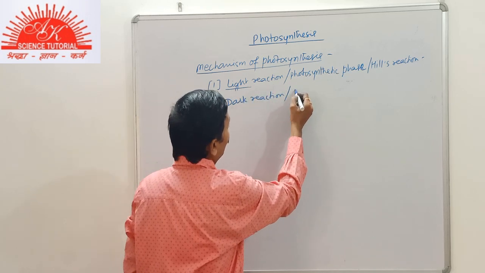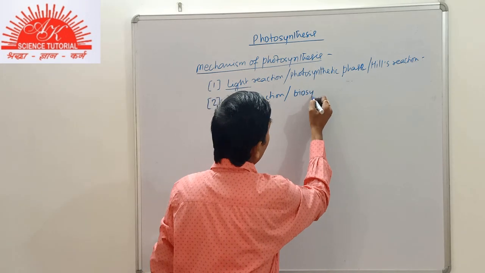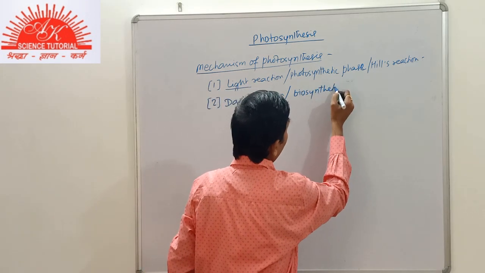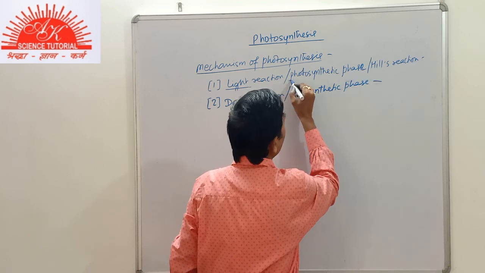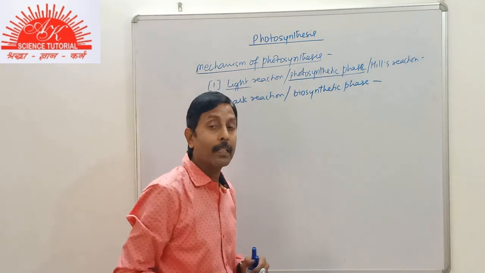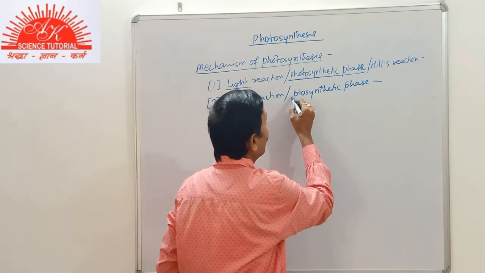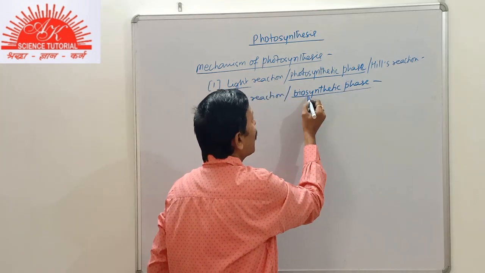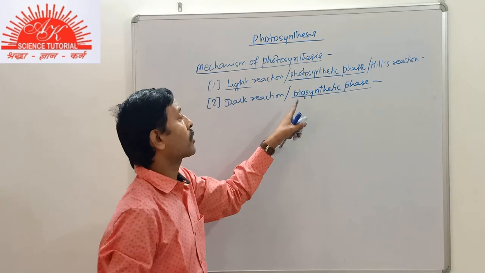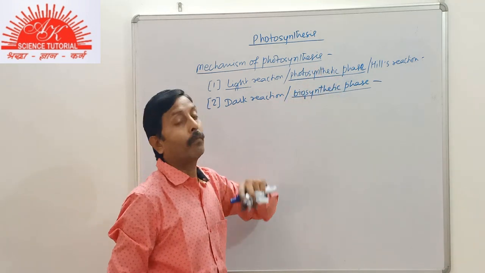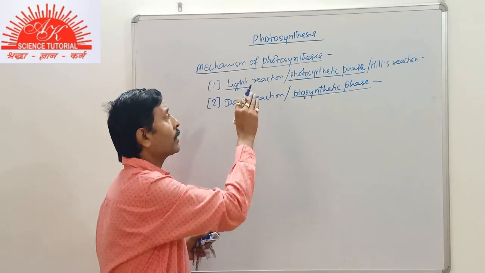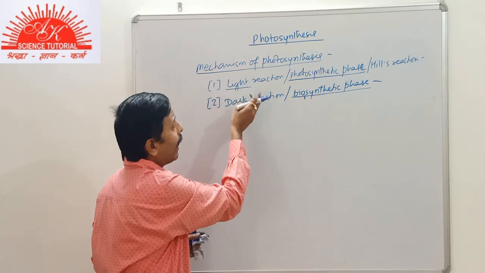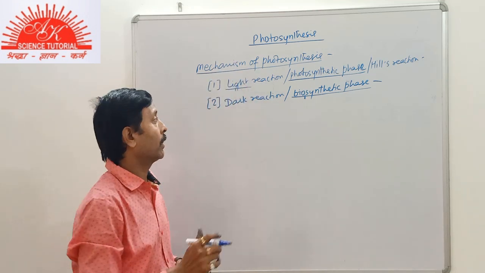Dark reaction, also known as biosynthetic phase. Here we had used photosynthetic phase, light dependent phase. Here it is biosynthetic phase, that is biologically important substance glucose is formed in this process. We can again explain it on the similar basis as we have studied in light reaction.